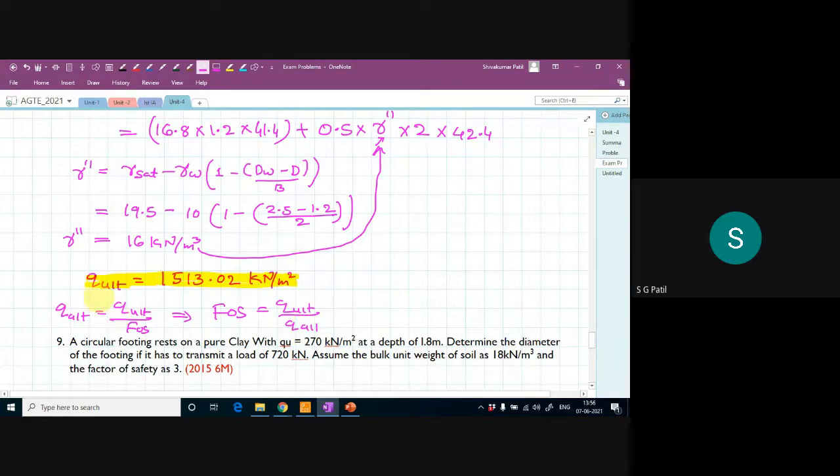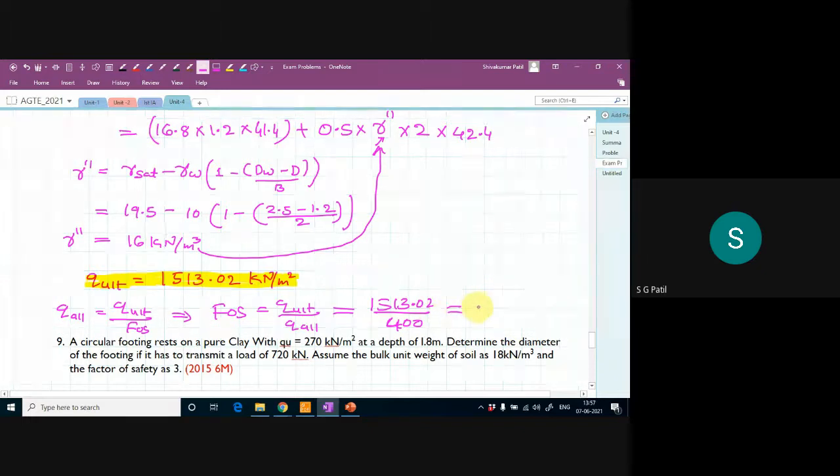Let me correct it. 1513.02 divided by your 400, that is the allowable load bearing capacity.